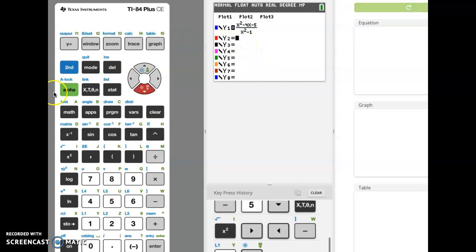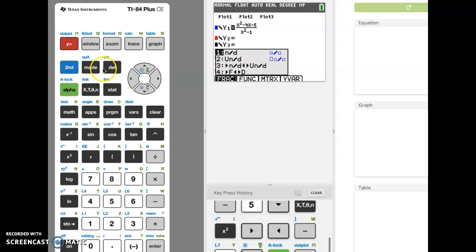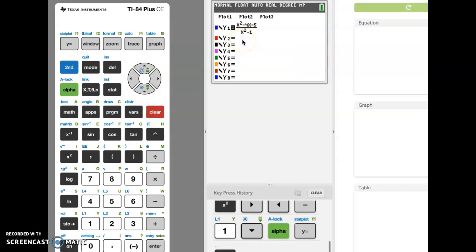Okay, now, could you do this without that little trick that I showed you? Again, to get there, you go alpha y equals, okay? If you don't want to do that, then that's fine. What you can do instead is you would just have to have parentheses and put the top part in the parentheses, right?